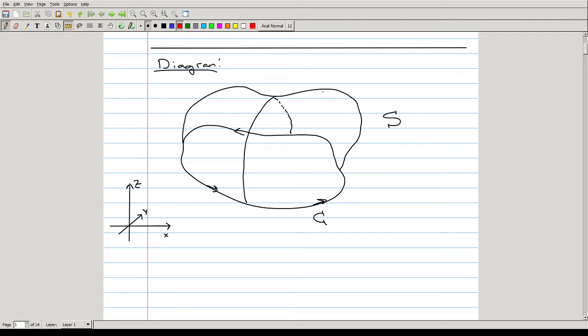Color that here in red. Where at any point the unit normal vector is perpendicular to the surface at that point.